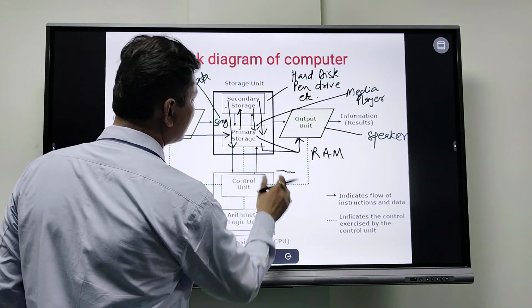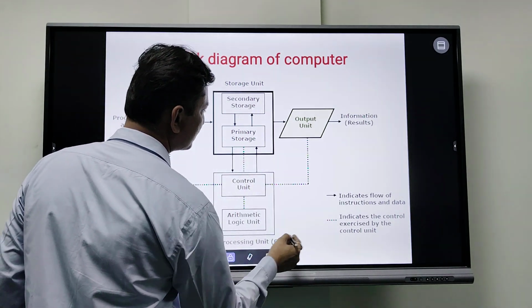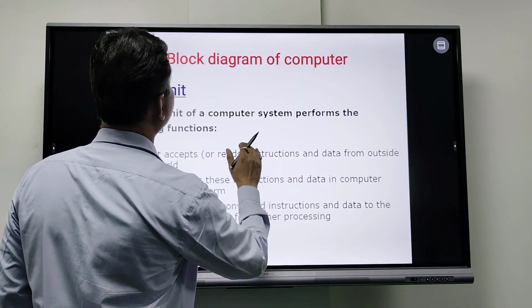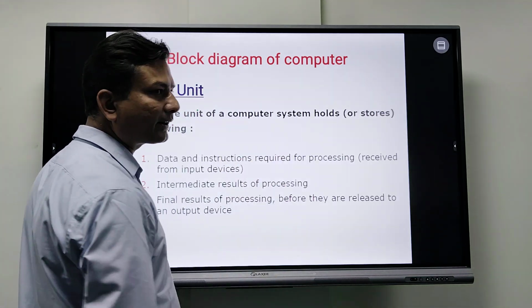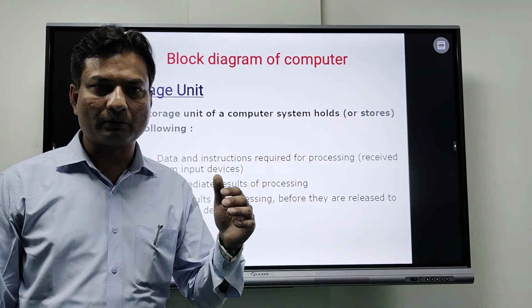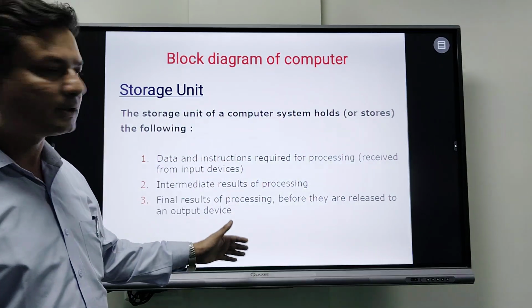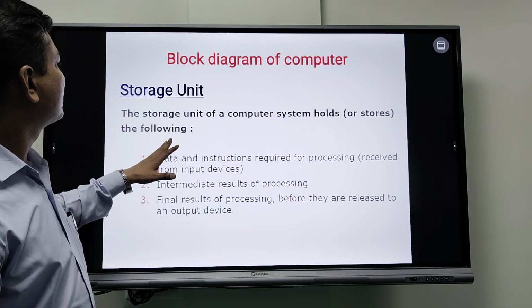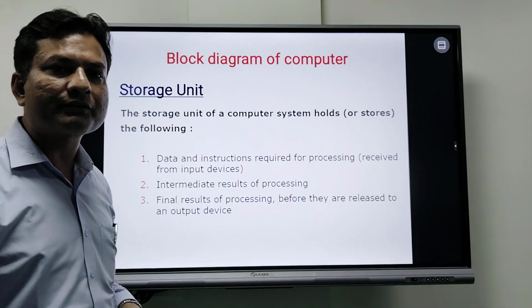Now we will look into more differences between primary and secondary storage. But before looking into the differences, first of all we must know what are the various functions of the storage unit.